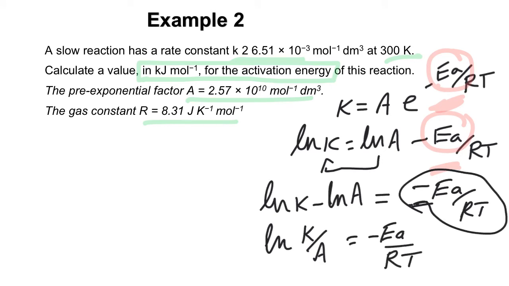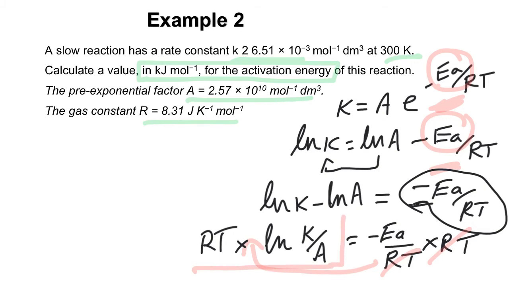Just substitute the values in, or you can still rearrange this for EA completely. You need to multiply both sides by RT to bring that to this side. So what do you get? You have RT, and this cancels out, so you're left with just minus EA. Just enter these values in the calculator and see what you get.